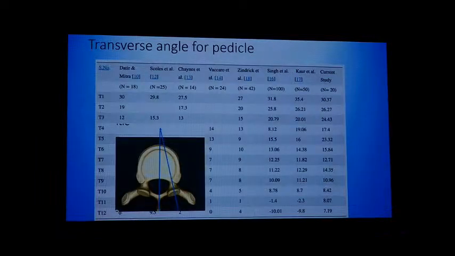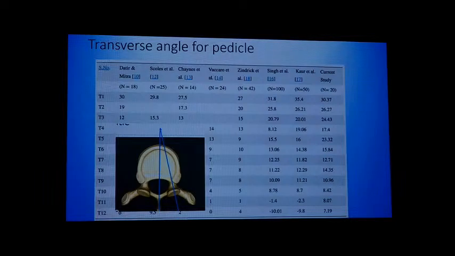These are multiple studies which have confirmed the same thing. So you can see that it's consistently 25 to 30 degrees at T1 and T2. And at lower levels, it can be quite parallel, or is sometimes even slightly divergent.